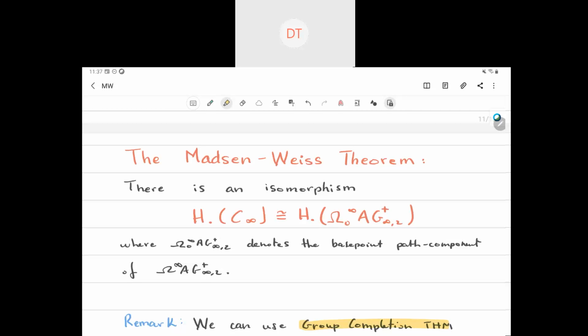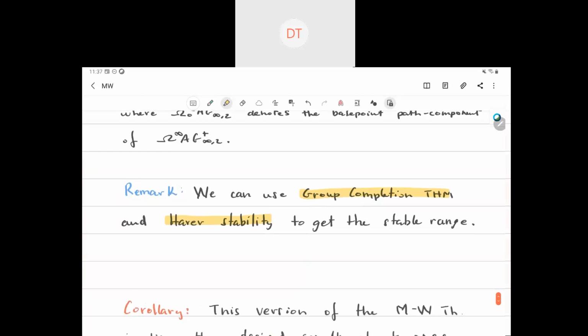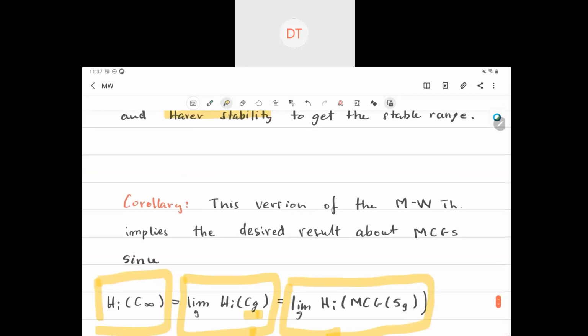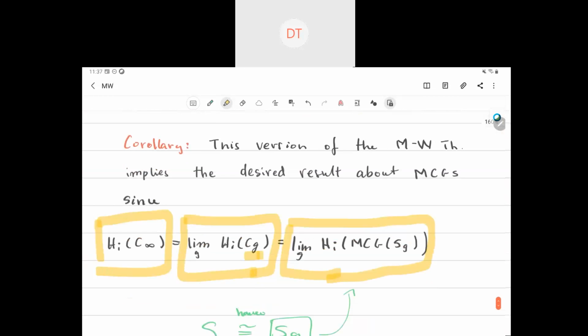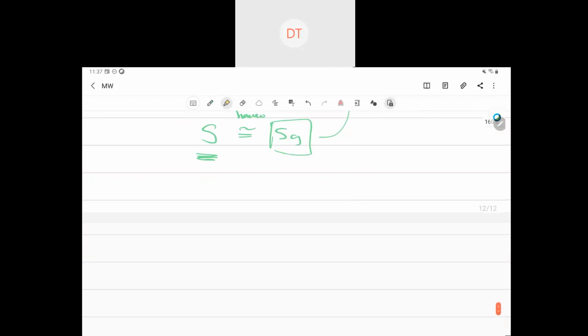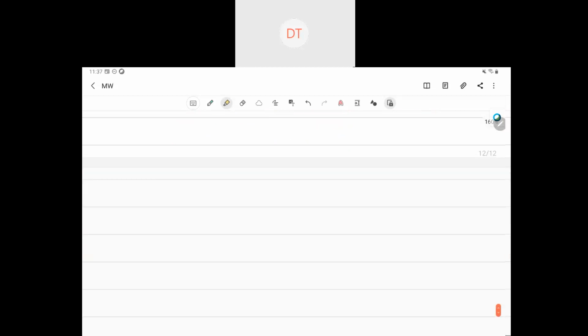And one such computation is Mumford's conjecture. So one of the things that it allows us to answer is Mumford's conjecture. That's a statement on cohomology.